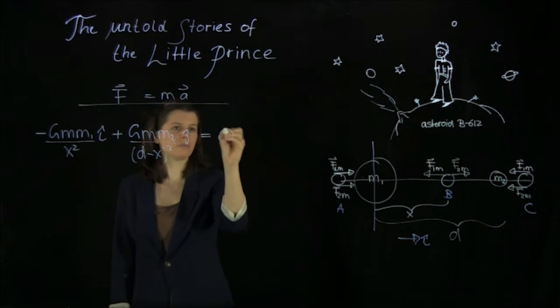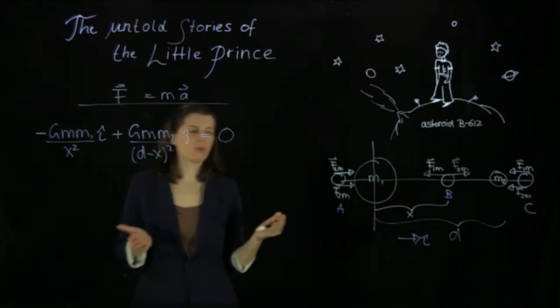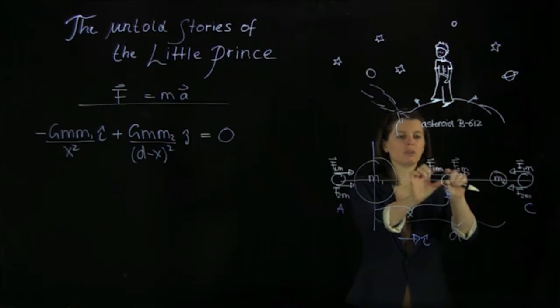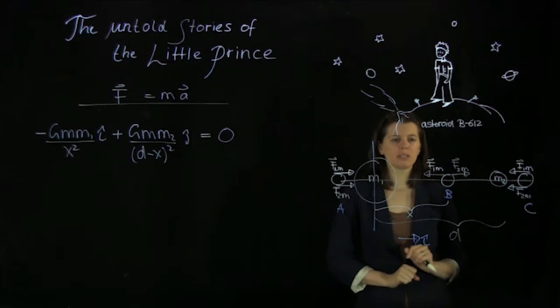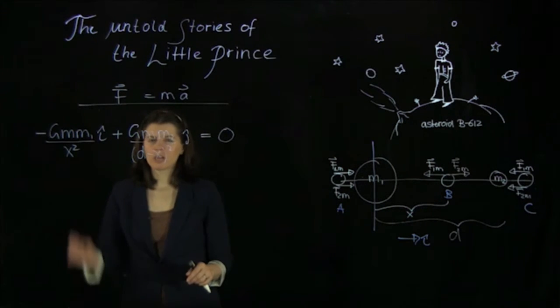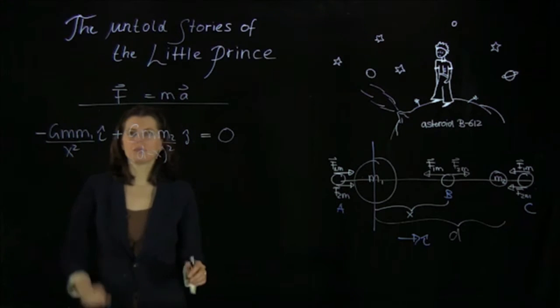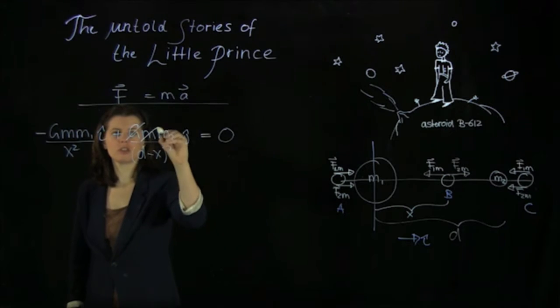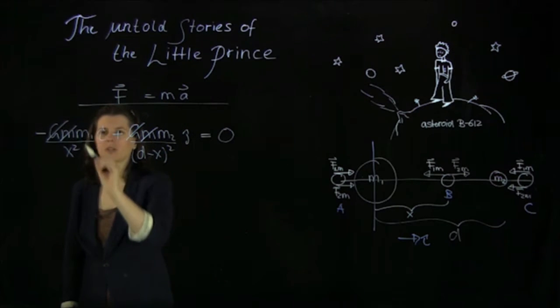And that needs to add up to 0, because that is what we want, right? If it adds up to 0, then we have no gravitational forces acting on the asteroid. So now we need to solve this for x here. In the first step, we see that actually G and m will fall out here.